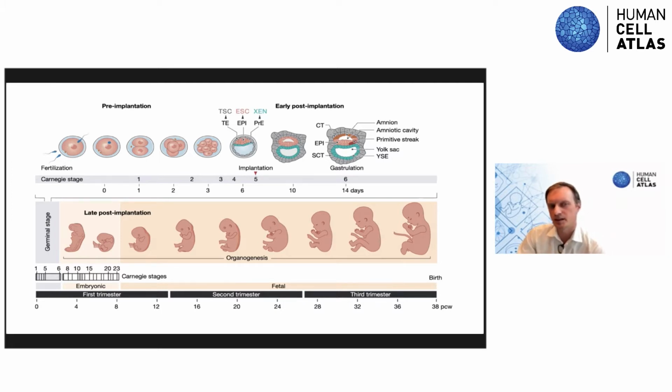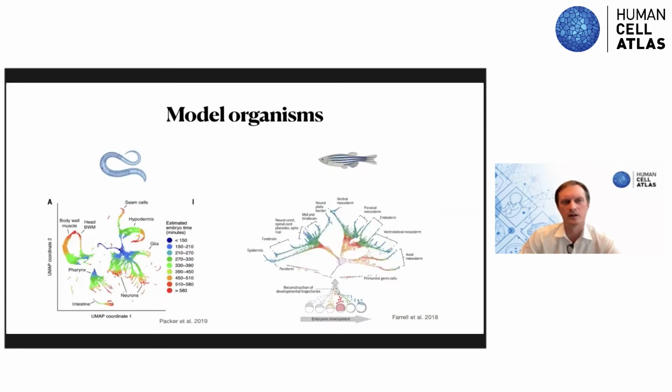In the US, I think the second trimester is sometimes easier. But the third trimester is really difficult everywhere, for obvious reasons. So again, we will need to rely on model systems, and we shouldn't forget to leverage all the great model organisms that have been studied for such a long time. And we should try to go in tandem with human development and the development of model organisms.